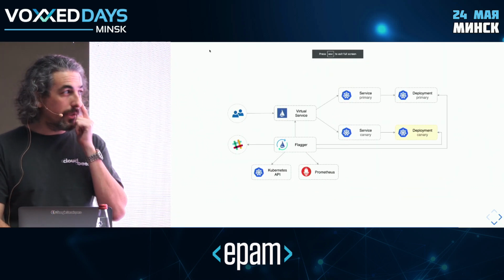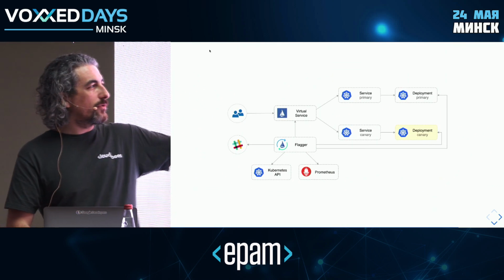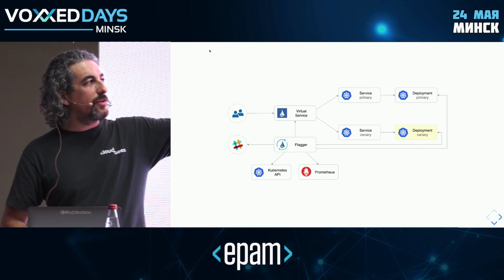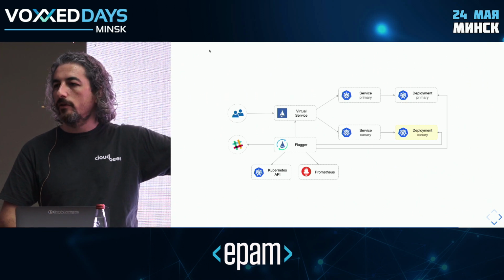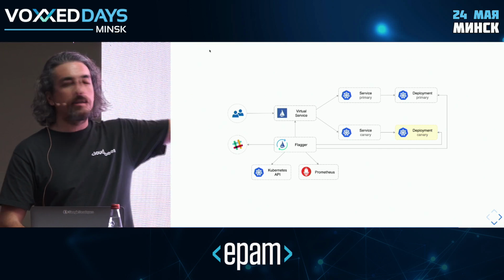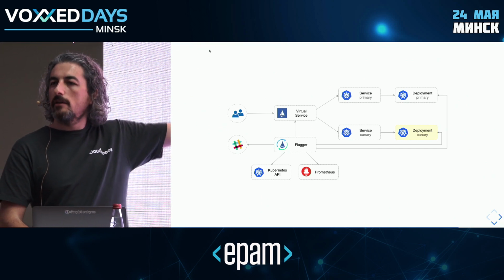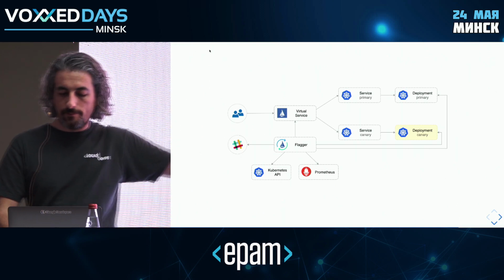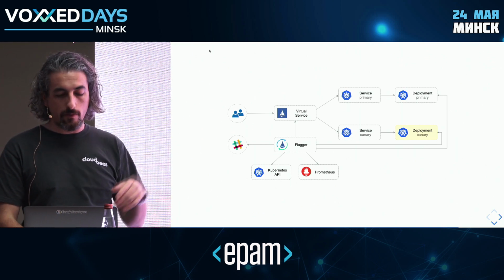So this is how Istio does it. It creates a virtual service. It sends some traffic to the primary, some traffic to the canary, and Flagger, looking at Prometheus, basically changes the virtual service 10%, 20%, 30%, and so on. And that's how it works.